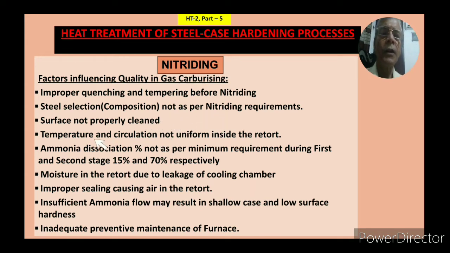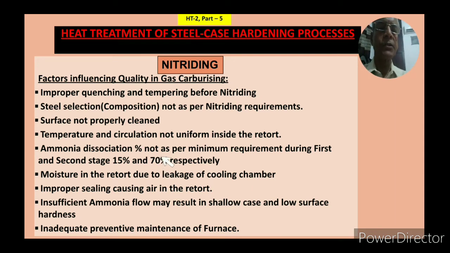Then temperature and circulation not uniform inside the retort. Whatever nitriding temperature you are using, if it is not uniform and the circulation inside the furnace is not proper, then there will be a problem in your nitriding and you will not get the proper properties. Other one is ammonia dissociation percentage not as per minimum requirement during first and second stage, that is 15 to 70%.